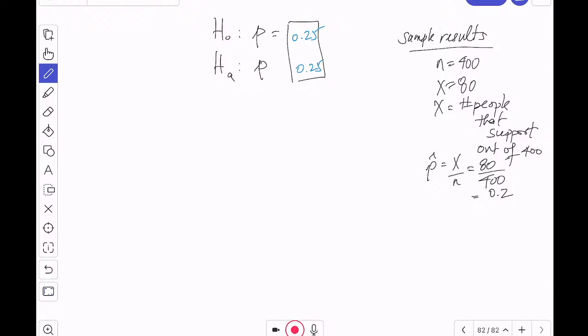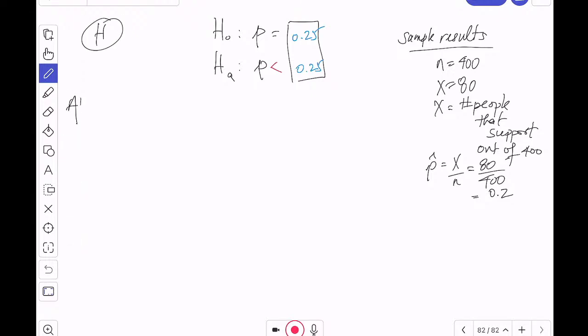So we've made the status quo statement that 25% support, it's always an equals here, okay? And then we're going to check if less than 25% support. So that's H.